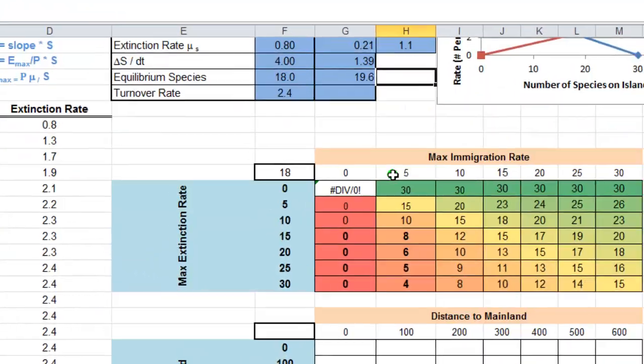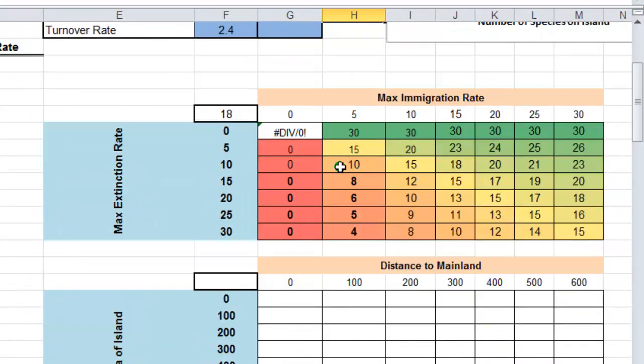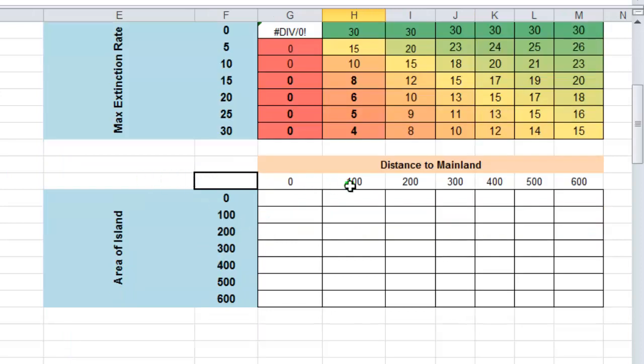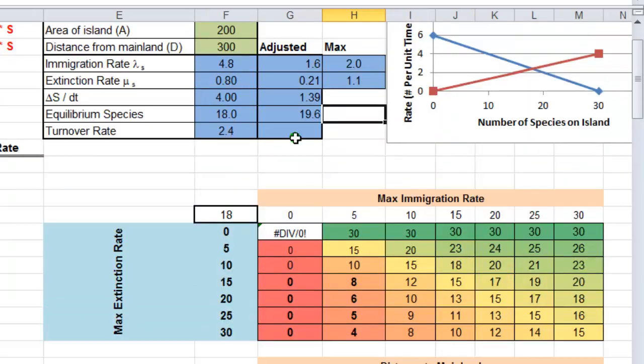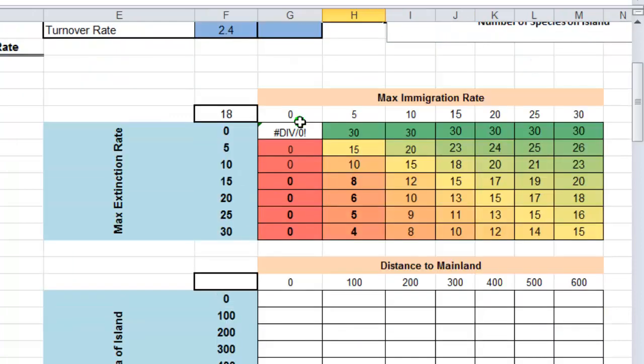And we set up another data table to explore this concept. So the first data table did not include area or distance effects. Here we're going to let the distance to the mainland and the area of the island change, and we're going to explore how those changes will affect our equilibrium number of species. So let's use our data table to do this.